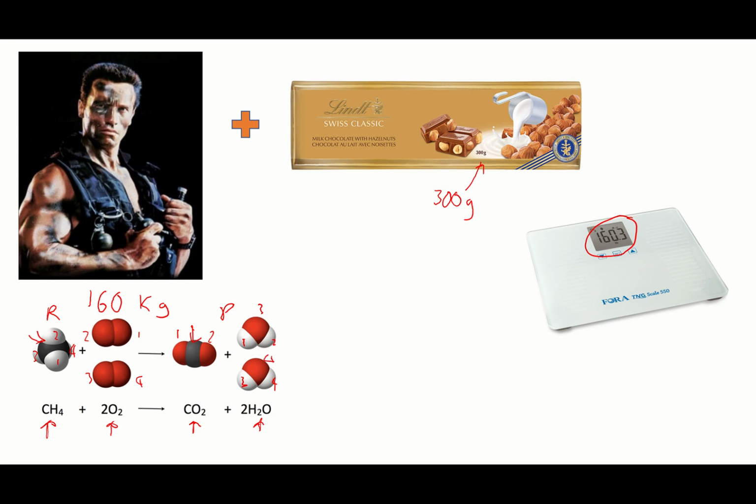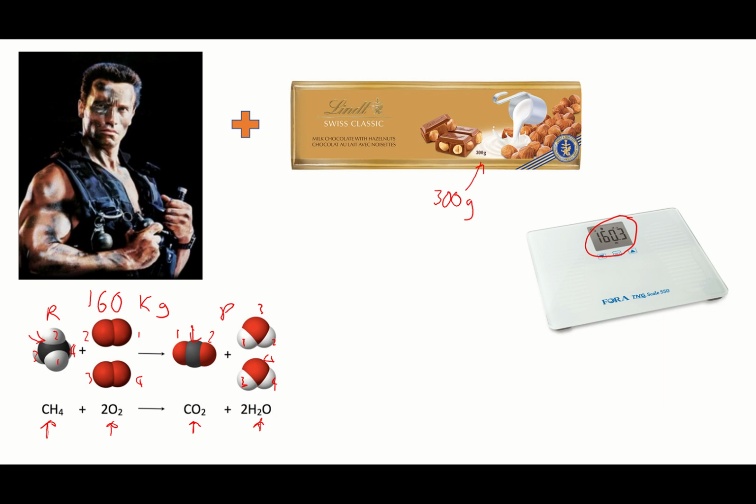Now this is the principle of the conservation of mass. Every element is accounted for on the product side, so we can't just randomly create things. Whatever's on the reactant side has to still appear in the product side, even though it may be in a different form because of a new compound being formed, some kind of chemical reaction.